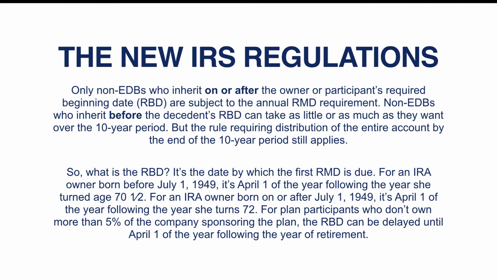Now they have what is called eligible designated beneficiaries, which are spouse and children and disabled people or chronically ill. And non-designated beneficiaries, those are things like trusts or just individuals, nieces or nephews that you give it to. Depending upon which you are will depend upon how you take it out. And so it's changed a lot.